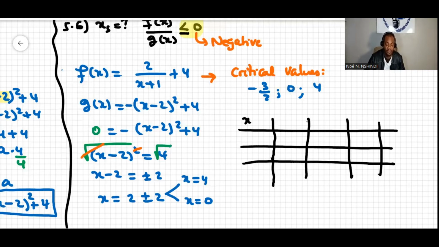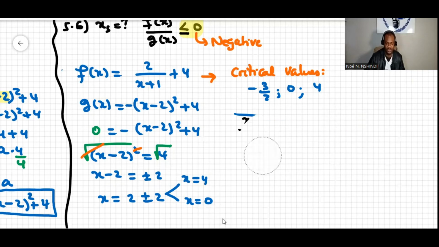Now the values must be in ascending order. If I write -3 over 2 here, 0 there, and then 4 there. No, I don't need to draw a table. I did not want to draw it this way. Let me correct this quickly.